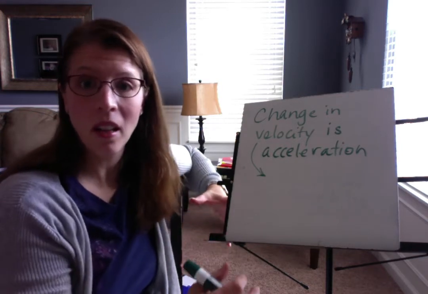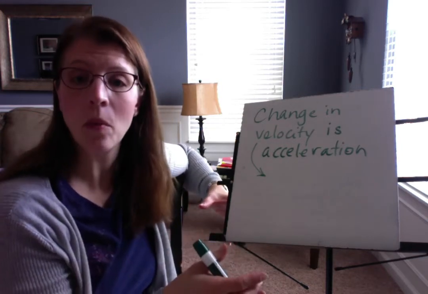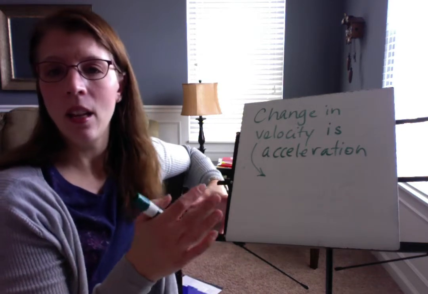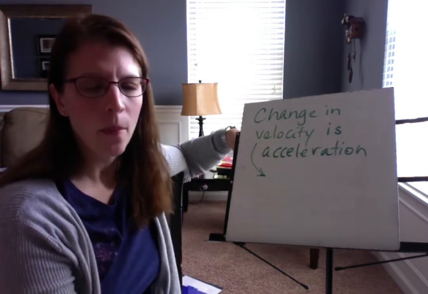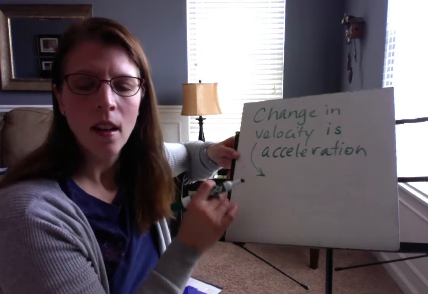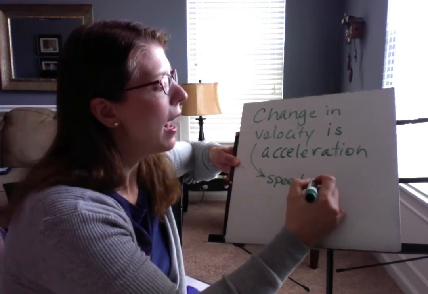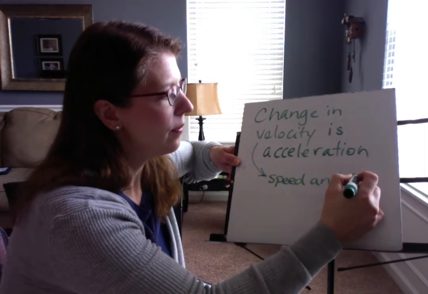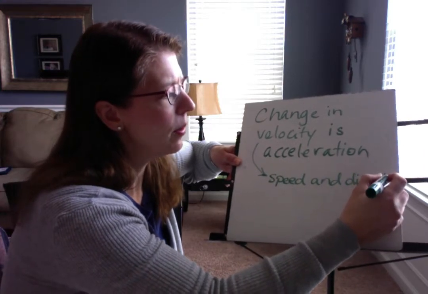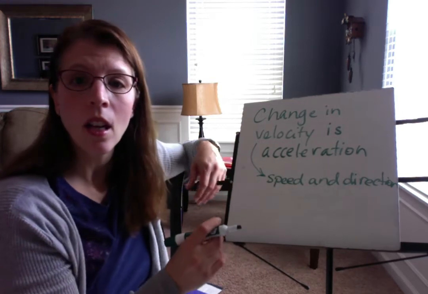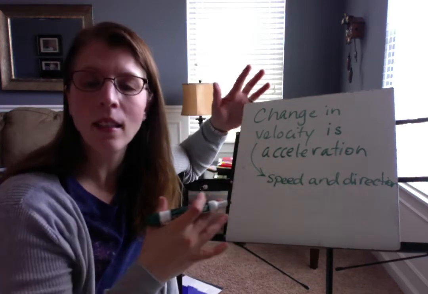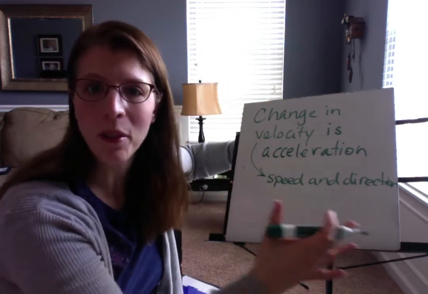Like, oh, the velocity of that Lamborghini was amazing. And really you just mean speed. But in science, velocity is speed and direction. So like what we talked about, vector and scalar. So velocity is a vector word for speed.